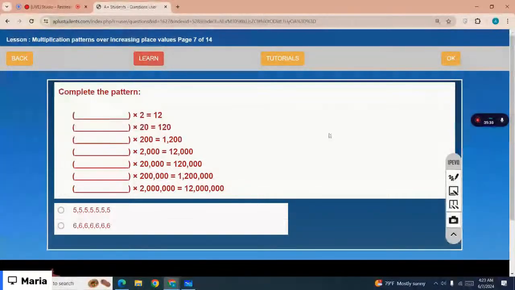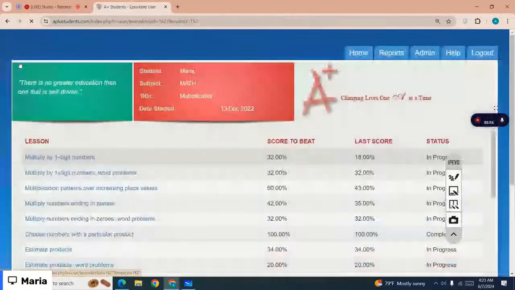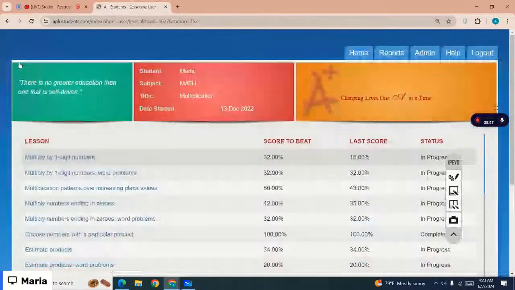Okay, you can complete the lesson by yourself later today. Let me just move on to next lesson. And the next lesson is multiply numbers ending in zeros. So let's just start with the lesson.